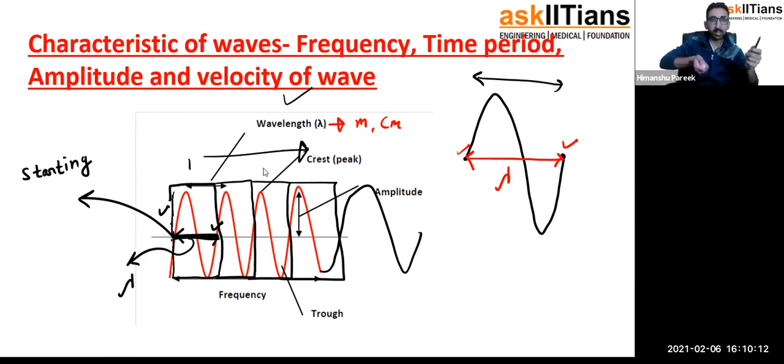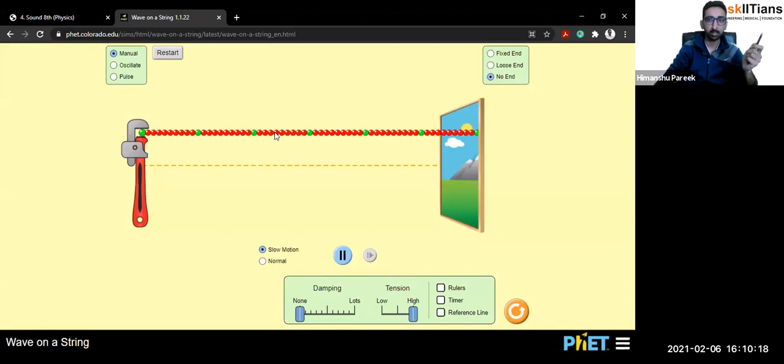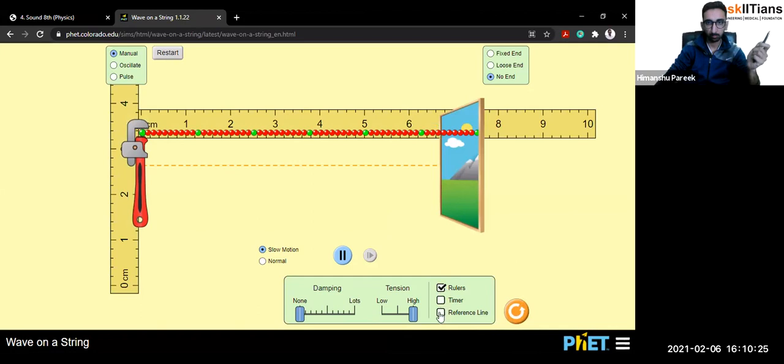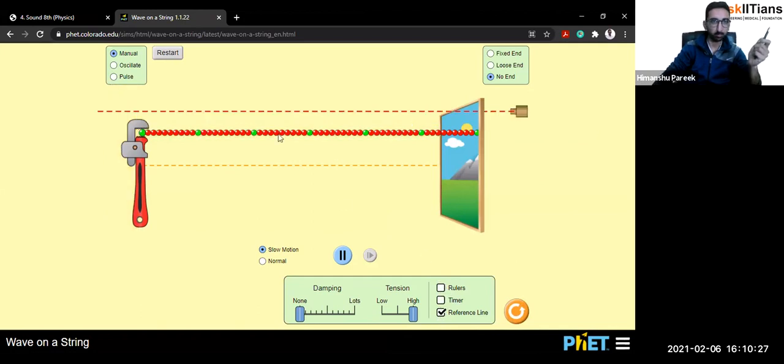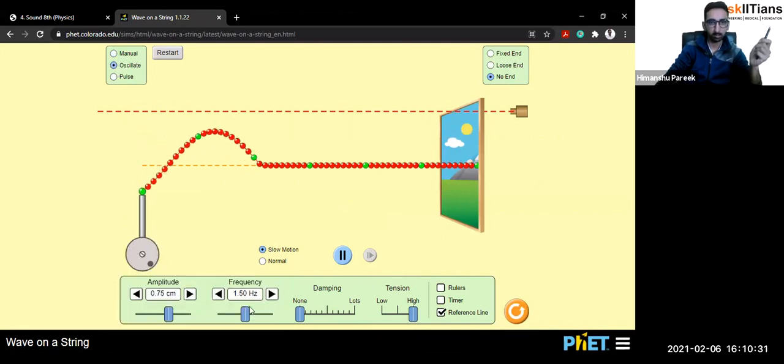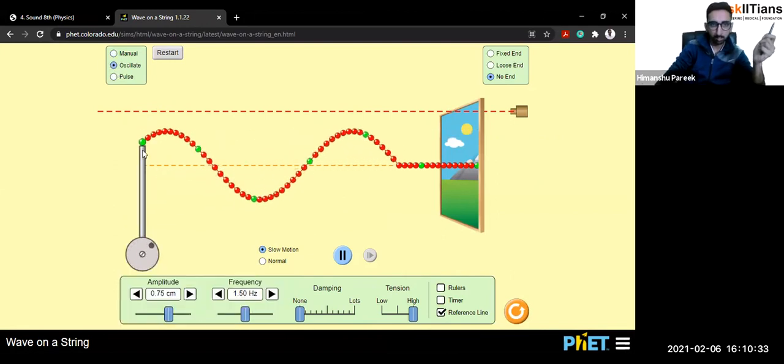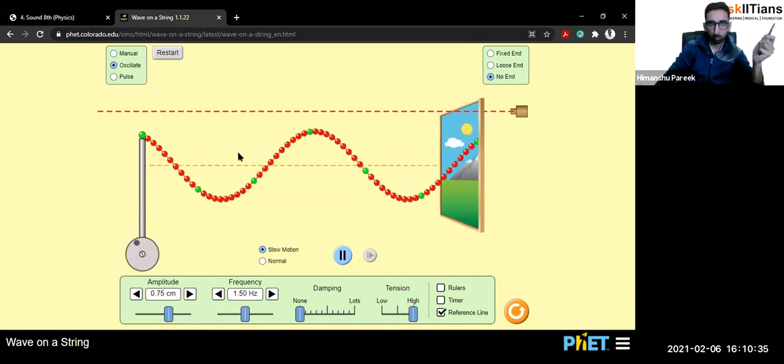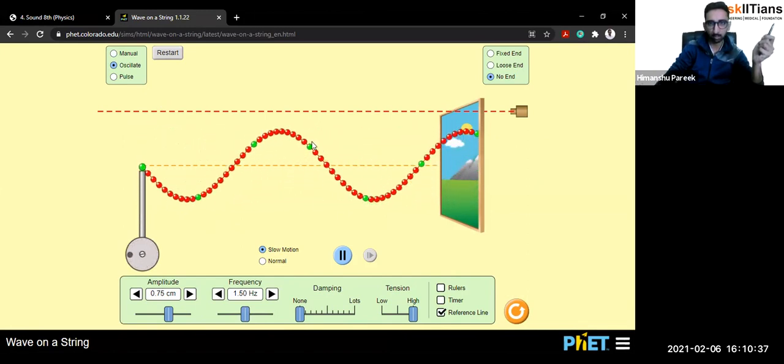You see one thing. When I was moving my hand, let's go back to the animation. It would be easy for us. So let us have an oscillation. You see this thing. Up to what maximum height are all these particles going?